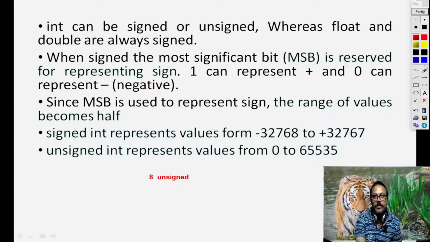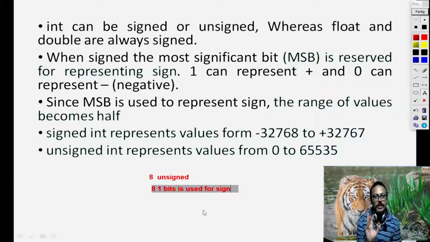So in the case of signed representation, if 8 bits are available, 1 bit is used for sign. That means 1 bit can be 0 or 1, so there will be some convention. So 1 can represent positive, 0 can represent negative.